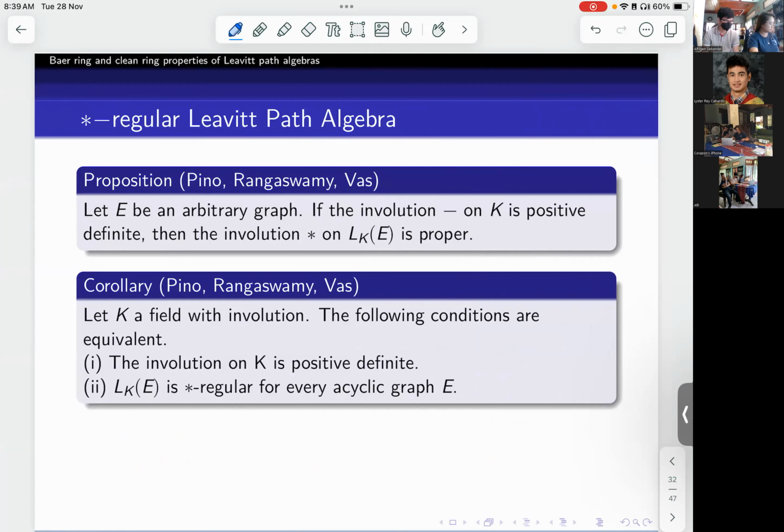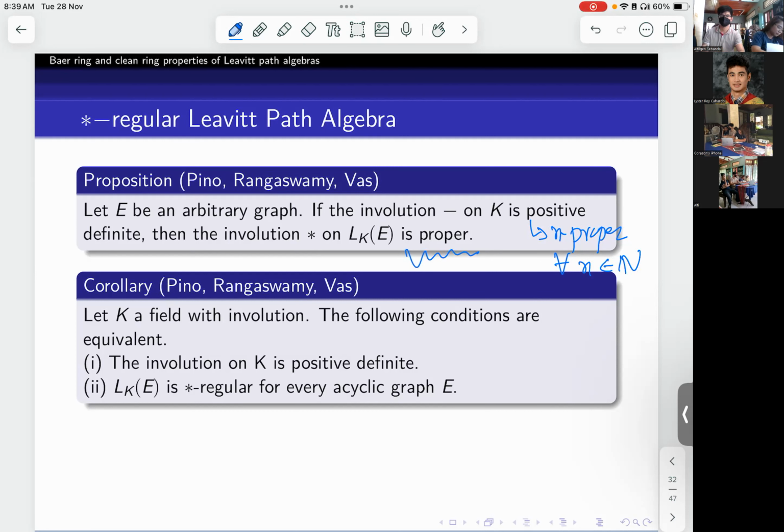Now in the same paper they have proved this proposition: for an arbitrary graph, an involution is said to be positive definite if it is n-proper for all natural numbers n. And if you have a positive definite involution on the field, then the involution star on the Leavitt path algebra would be a proper involution.